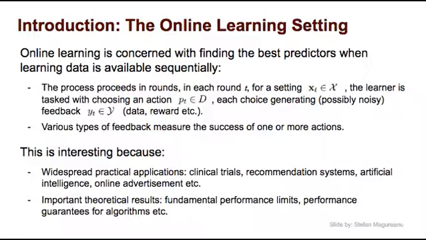Practical applications span different fields, but generally speaking, artificial intelligence and machine learning applications, etc. Theoretical interesting points are the study of the limits or the performances of the algorithms. In particular, we will be talking about regret or the bound of the number of errors of the algorithms.